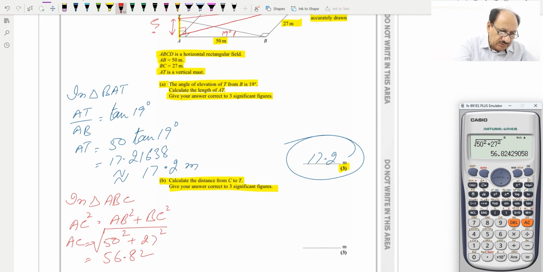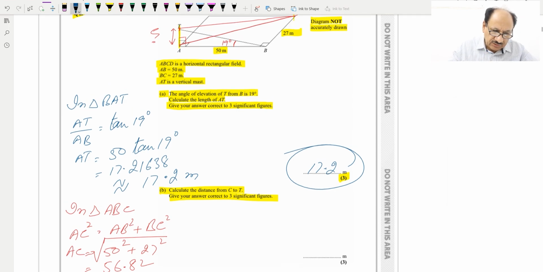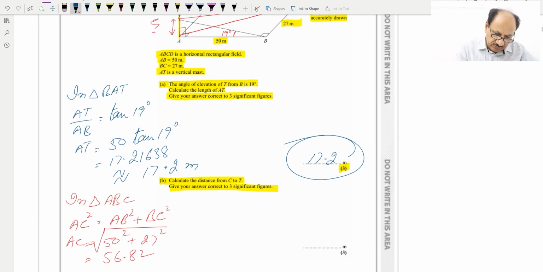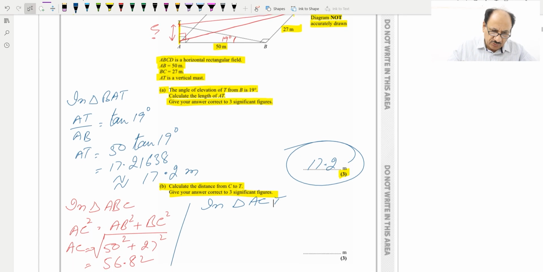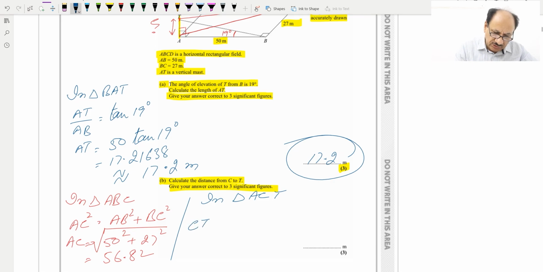Now we can consider triangle ACT. In triangle ACT, we can again apply Pythagoras theorem, because we need to find C to T. So CT square is equal to AC square plus AT square.